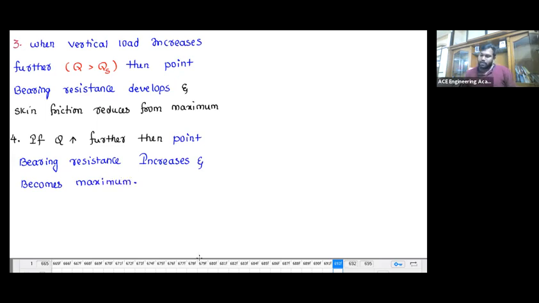Okay, so this is how the ultimate load carrying capacity of a pile is going to be developed.